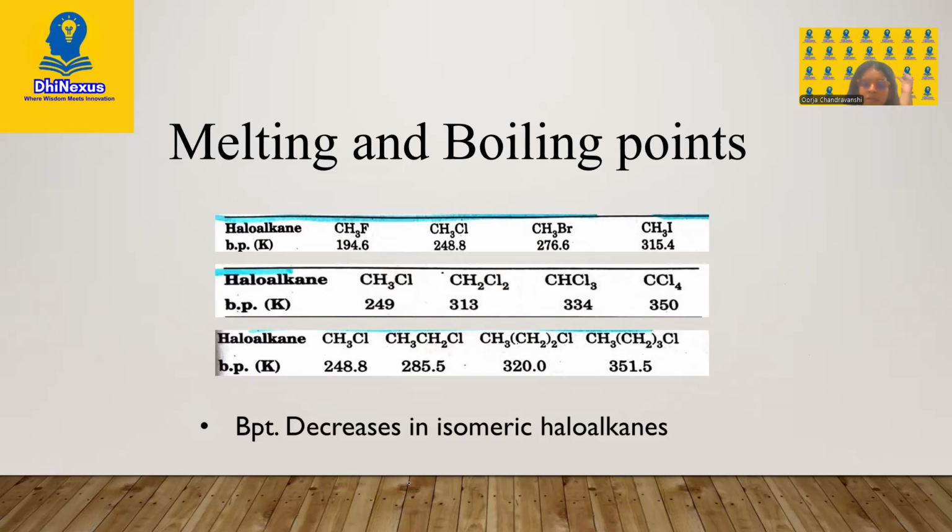An interesting point which is observed is when isomeric haloalkanes are taken into consideration for boiling points. So suppose I have this compound. What is the name of this compound? This will be called chloropropane.